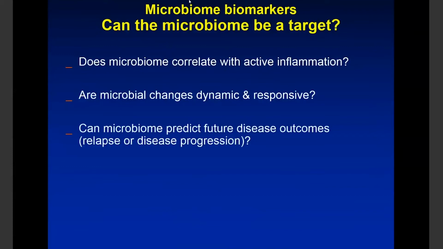Because an important role of a biomarker is not just to cross-sectionally be associated with something bad happening, but actually to look ahead and see if the microbiome can predict events such as remission versus relapse or disease progression. So let's look at some data in support for the use of the microbiome for each of these three endpoints.